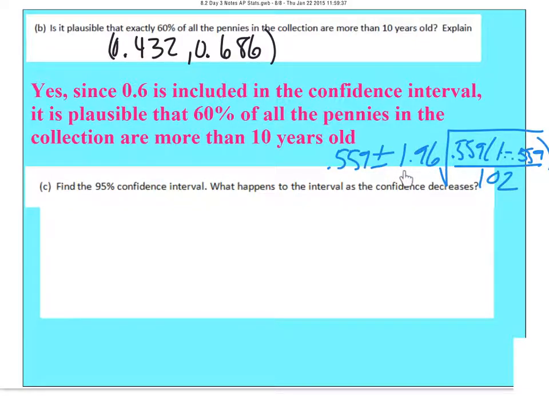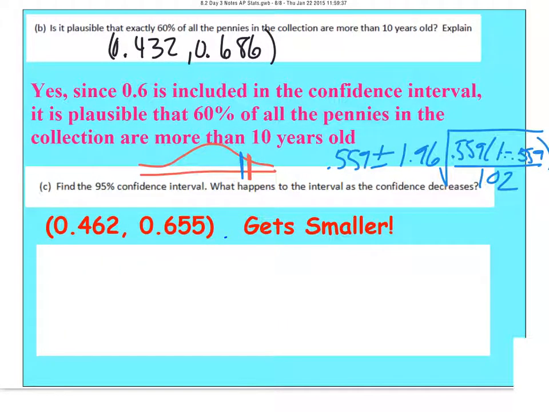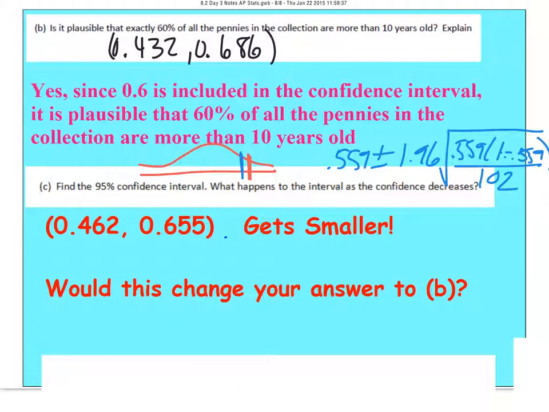The z-score, if you think about it, this should be logical. For 99% of the curve, the z-score was out here. If I went less of the curve, the z-score is actually going to move in. So notice the z-score went from 2.576 to 1.96. Well, if you crunch this out, our confidence interval changes to here.